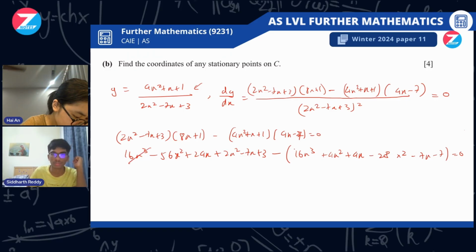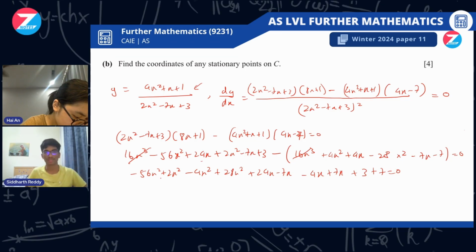So the 16x cubed and this 16x cubed cancel. So we've got minus 56x squared plus 2x squared minus 4x squared plus 28x squared. And then we have plus 24x minus 7x minus 4x plus 7x. We have plus 3 plus 7 is equal to 0.